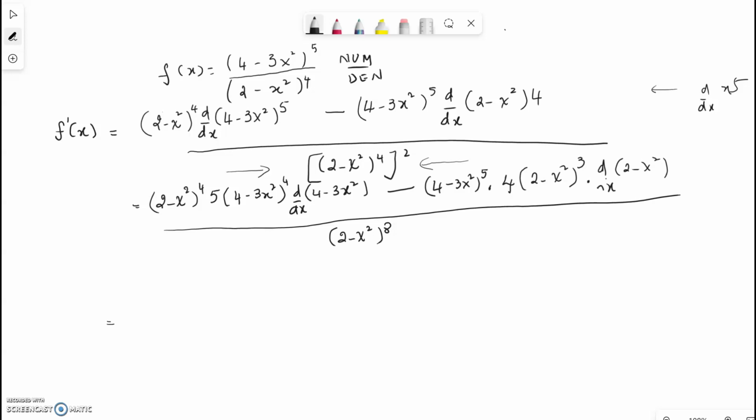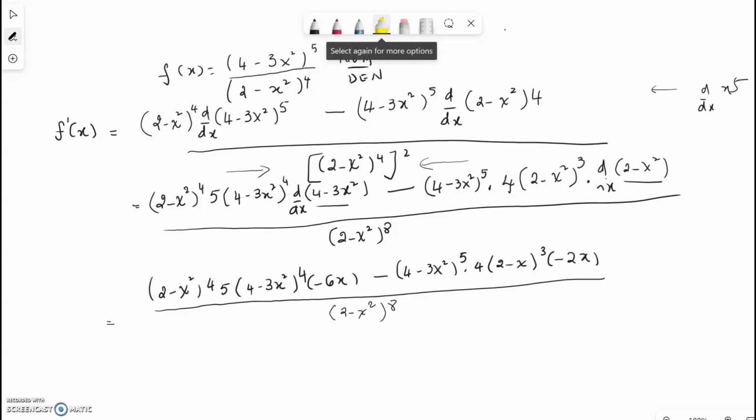In the next step, we're going to differentiate 4 minus 3x squared in the first piece and then 2 minus x squared in the second piece. So in this step, what we've done is found the derivative of 4 minus 3x squared, which is equal to negative 6x, because the derivative of 4 is 0 and the derivative of x squared is 2x, and that's how we get 3 times 2x, which is 6x, and the negative sign remains.